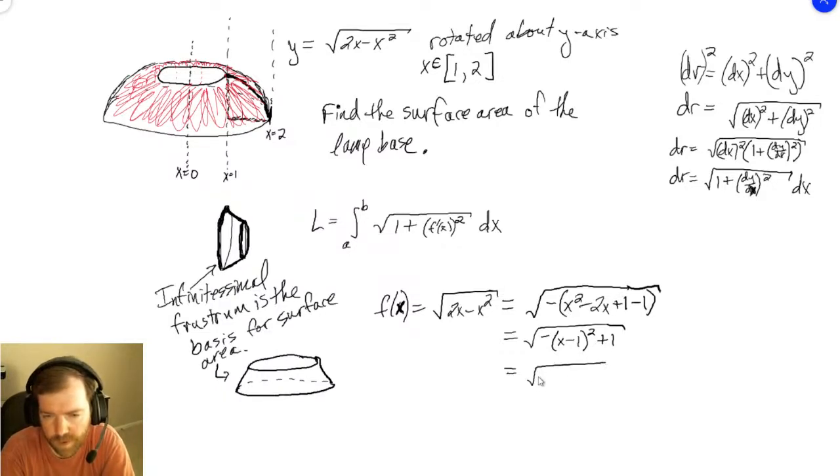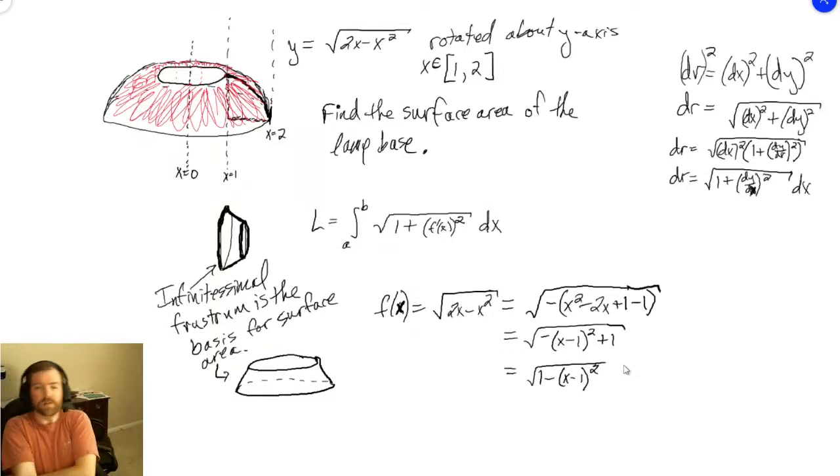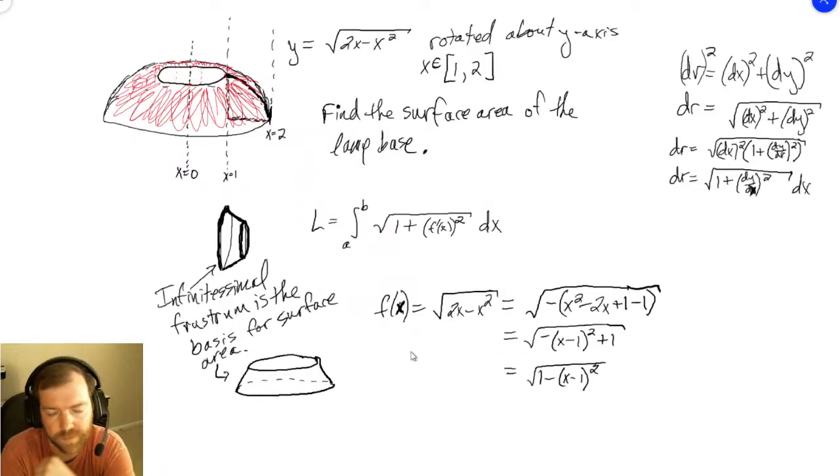Or square root of 1 minus parentheses x minus 1 squared. This potentially could be a u substitution. Well, we don't need it. Never mind. Yeah, because if this is just equal to y, now it's invertible.